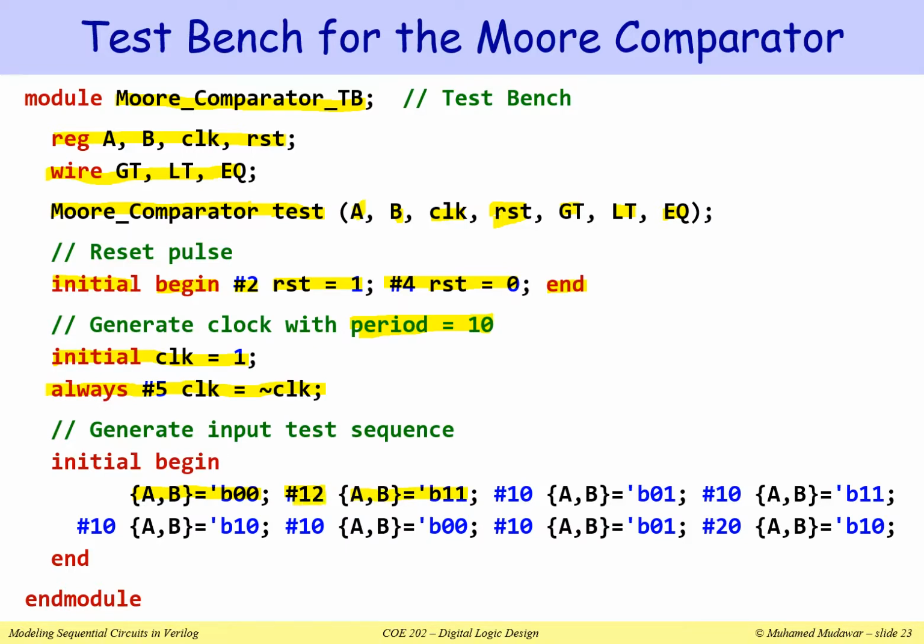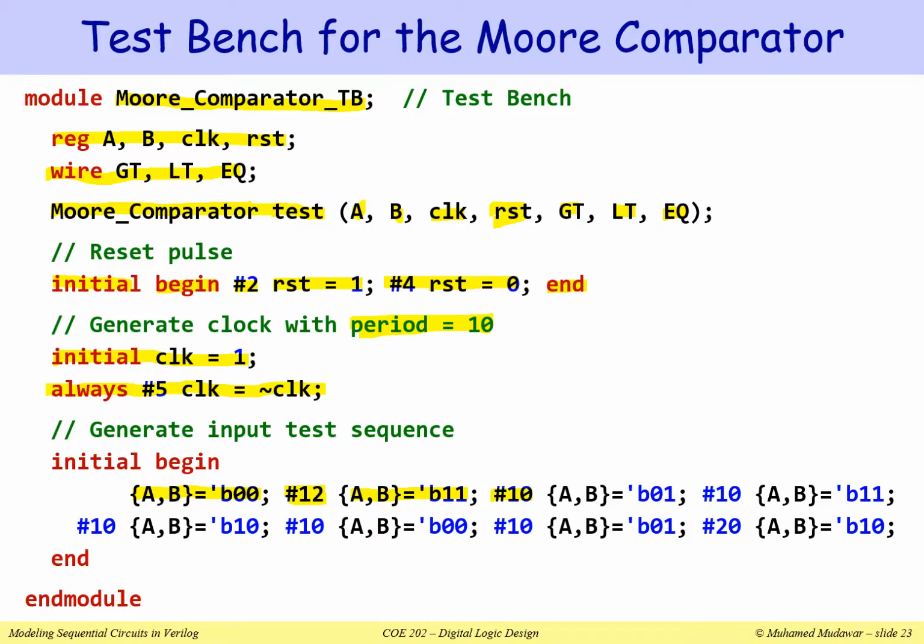Notice that I'm using 12 so that the values of A and B change after the rising edge of the clock. Then another 10 time units. Since all the changes here are multiples of 10, all the changes in A and B will appear after the rising edge of the clock.